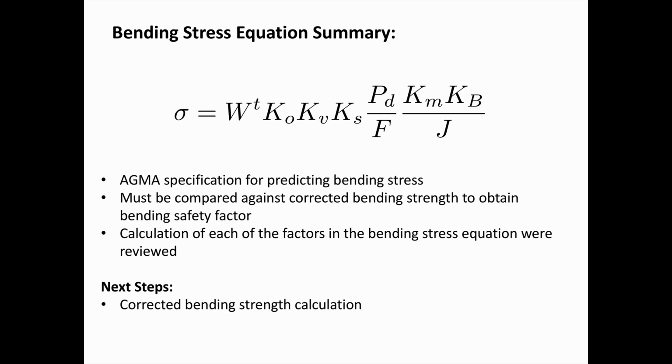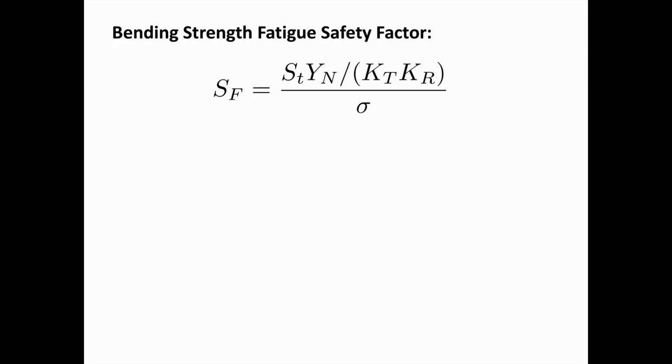The next steps here first are to look at the corrected bending strength calculation so we can get the safety factor, and then remember, we still have the contact stress and safety factor calculation to deal with. Okay, let's look at the bending strength and safety factor. So the safety factor is equal to the corrected bending strength divided by the bending stress.